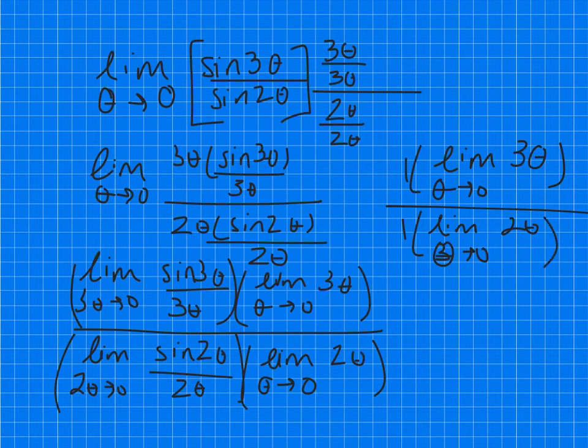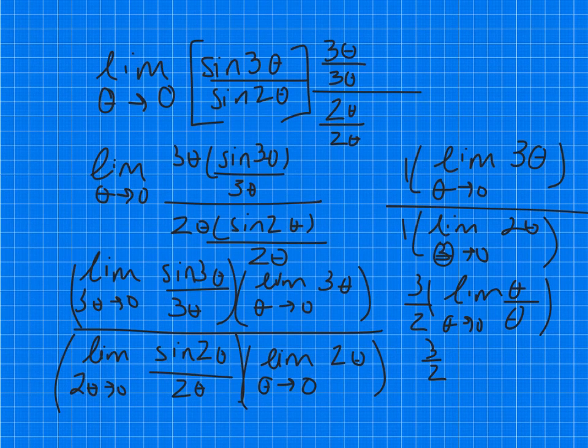And here we can take out the coefficients. So let's make it 3 over 2 times the limit of theta over theta as theta approaches 0. Now theta over theta is 1, and we know that the limit of any constant is just that constant.